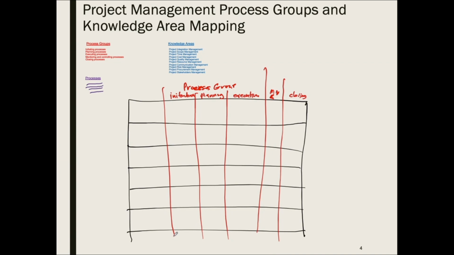Then these are the columns. Then on the row side, we have the knowledge areas. So we have integration, scope, time, we have cost, and so on. Now, in the intersection will be these processes.